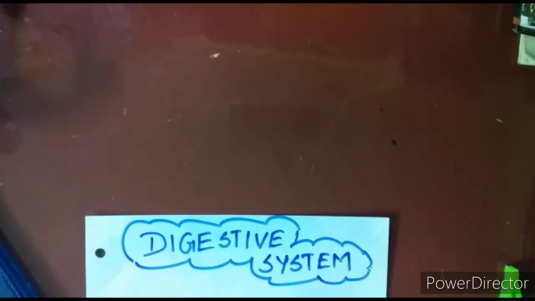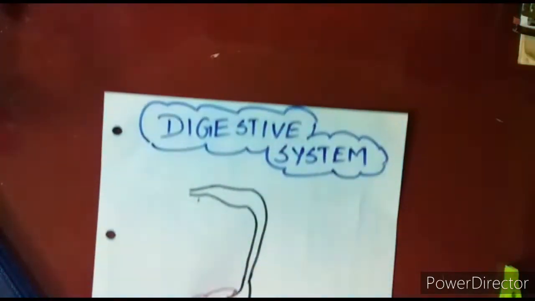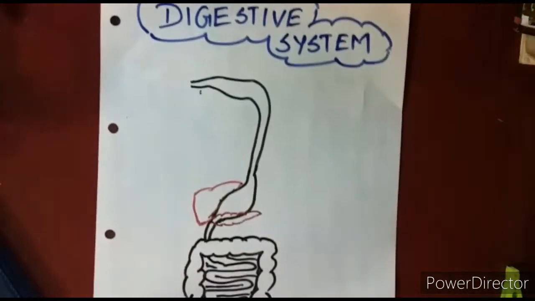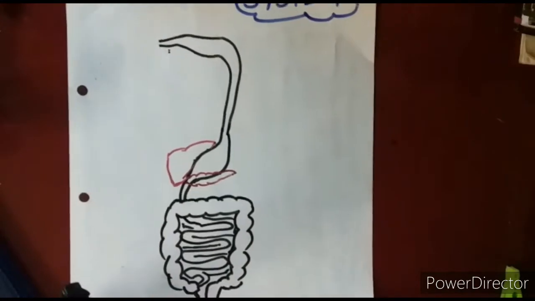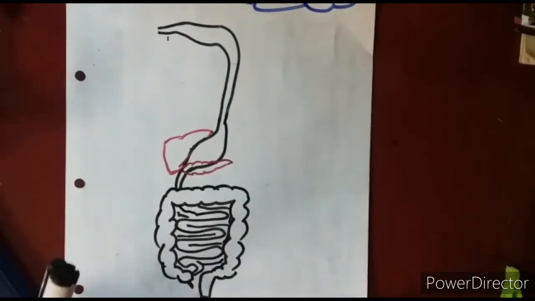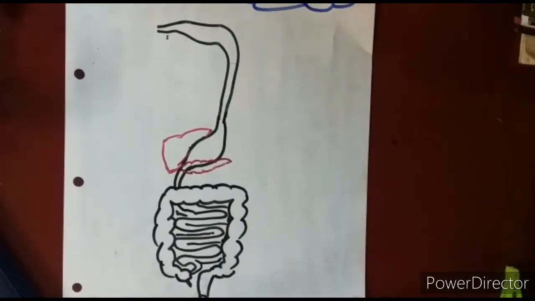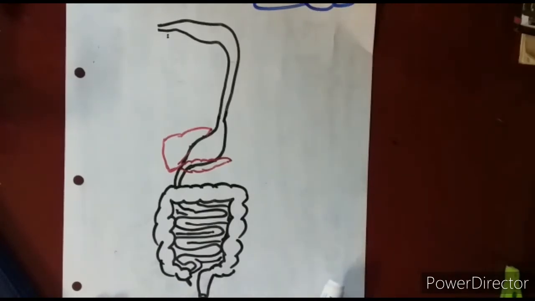Today's topic is the digestive system, and here we will learn about the different parts of the alimentary canal and what their functions are. And what are the different parts of the small intestine, large intestine, and stomach. That means an overall, detailed understanding of our digestive system, and the process of digestion we will do in our next video.